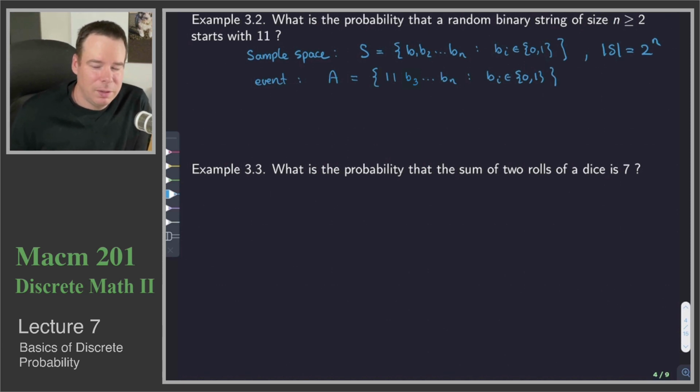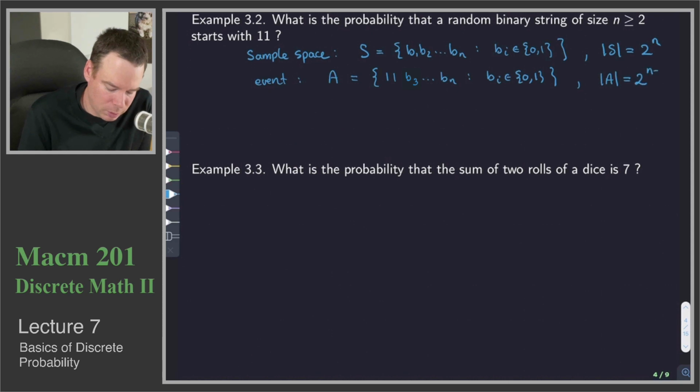So in this event space, the first 2 spots are fixed. They're 1, 1. So we only have freedom to choose b3 through bn. So how many such strings are there? Well, for each of those remaining n minus 2 spots, we have 2 choices for each, so it's 2 to the n minus 2.